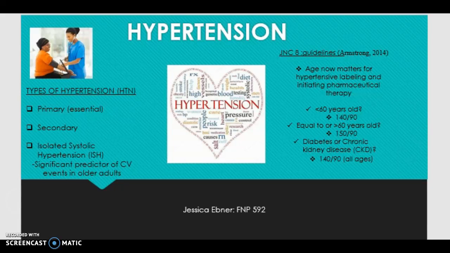If the patient is 60 or greater, the evidence-based research, which the JNC 8 guideline goes off of, recommends 150/90. In a patient that has diabetes or chronic kidney disease, they do recommend the 140/90 blood pressure, as this will provide better chronic disease management and decrease the already elevated risk factor for cardiovascular disease.